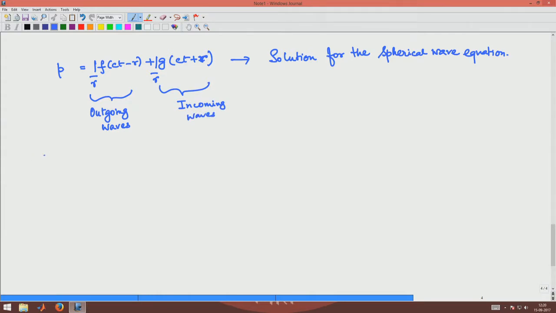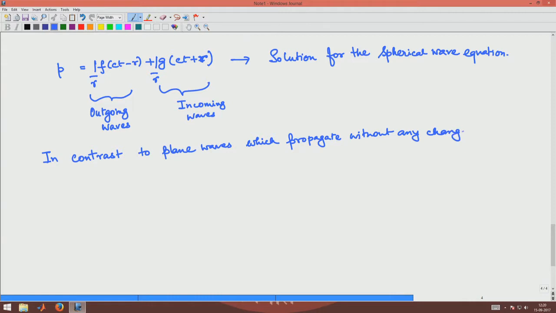And also we will make this observation that in contrast to plane waves, which propagate without any change in amplitude, spherical waves propagate with a changing or varying amplitude.